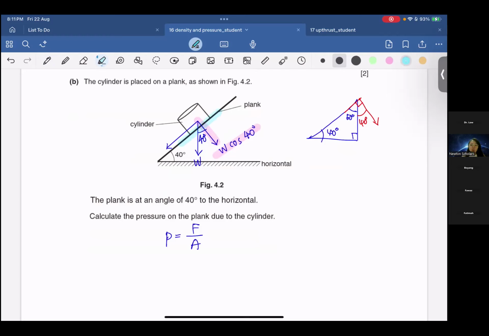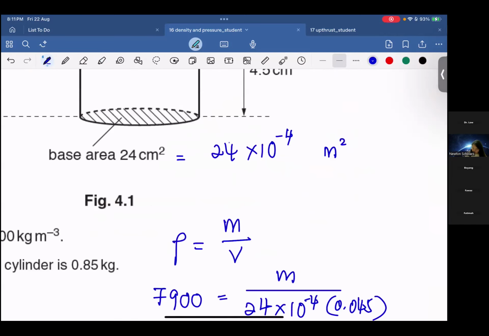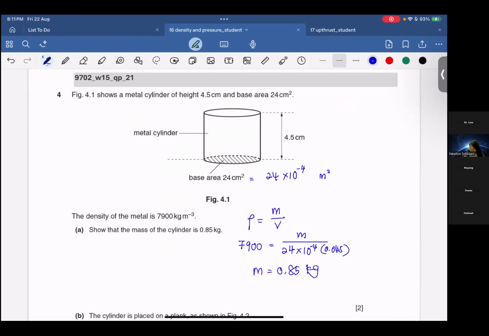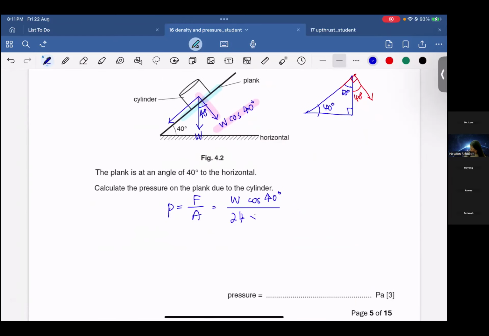So you have to use W cos 40 degree as your force, divided by area. Where is the area? Area is this. Just now in A, area is 24 times 10 to the power of negative 4. This one is meter squared, so we convert it into meter squared.